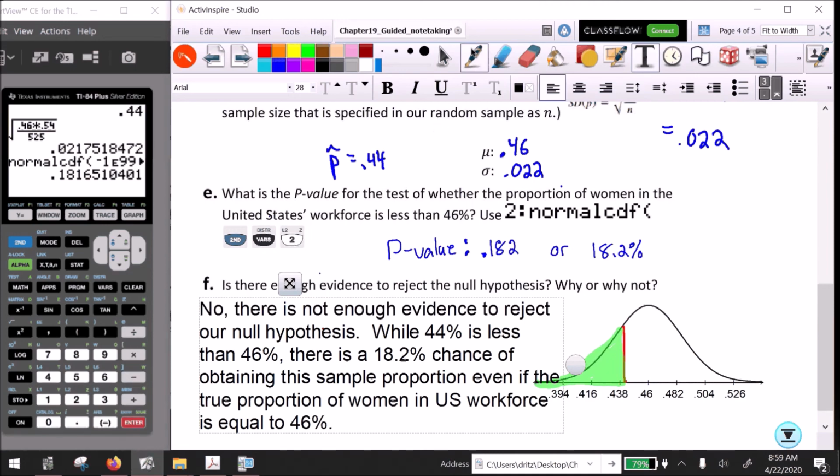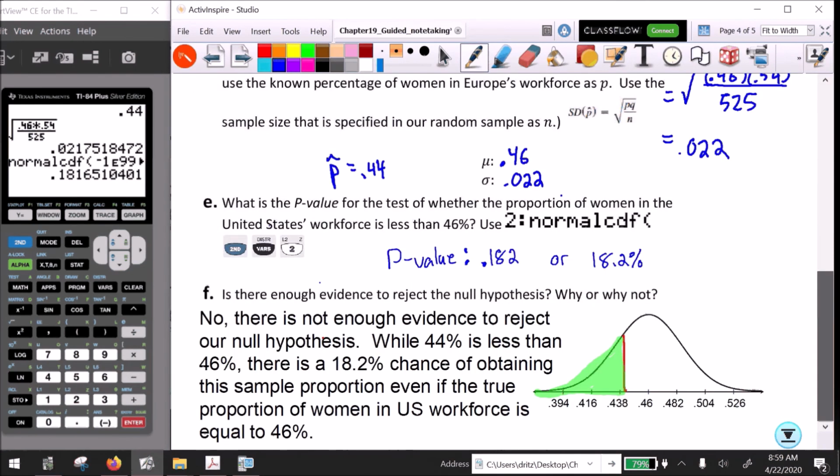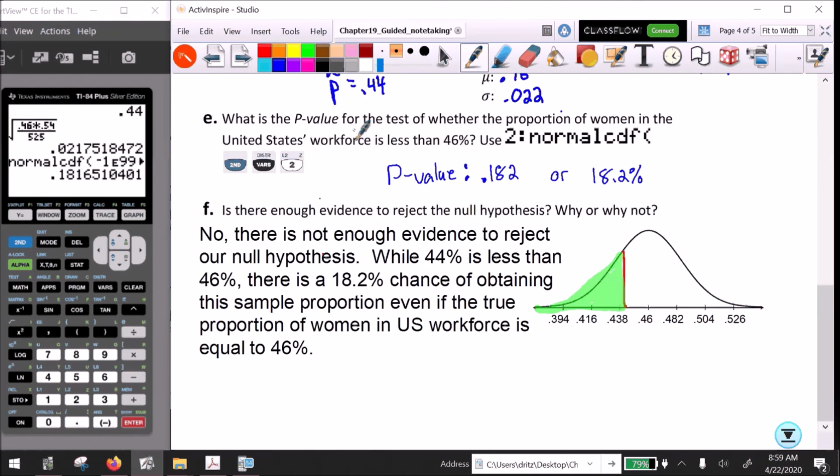So because there's a pretty decent chance of that occurring, we cannot assume that the U.S.'s workforce is any different than Europe's.